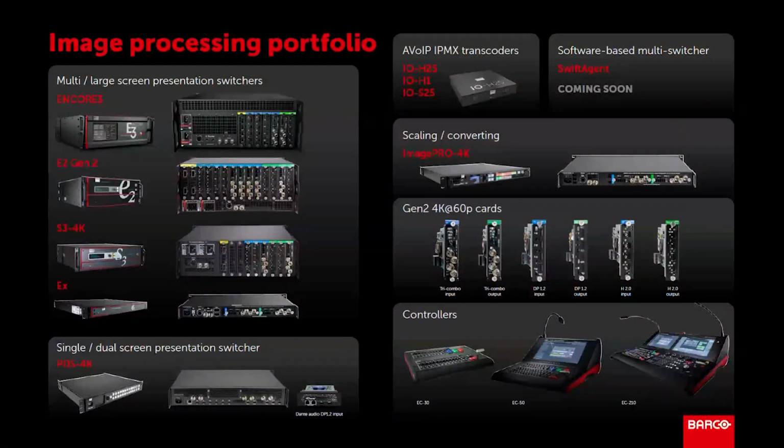All right, so let's jump into it. Let's quickly talk about our image processing portfolio. We have quite a lineup of multi/large screen production switchers, single/dual screen switchers. We do AV over IP with IPMX transcoders.